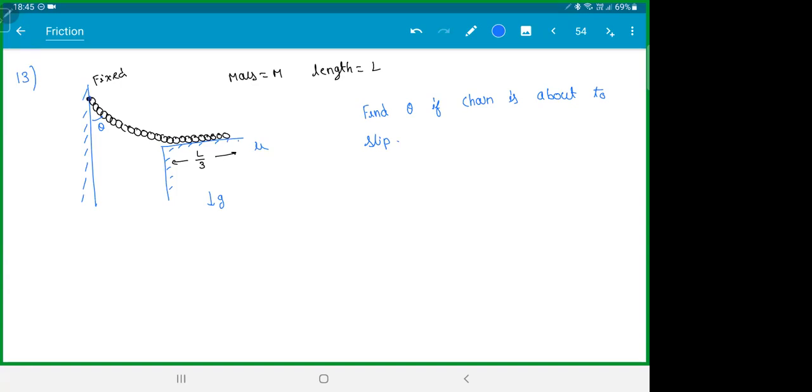Meaning the weight has become so much that if you just push it, the chain would start gliding and then completely fall down. Friction is mu on the floor. The answer will come in terms of mu.